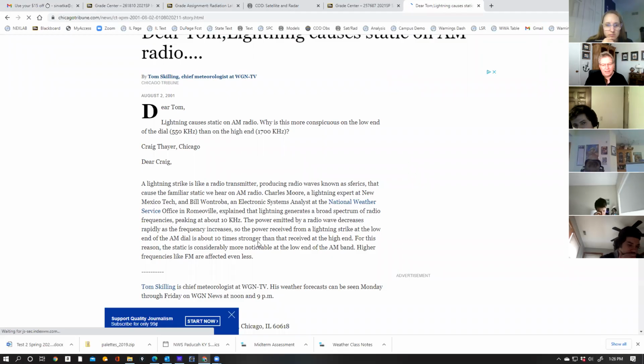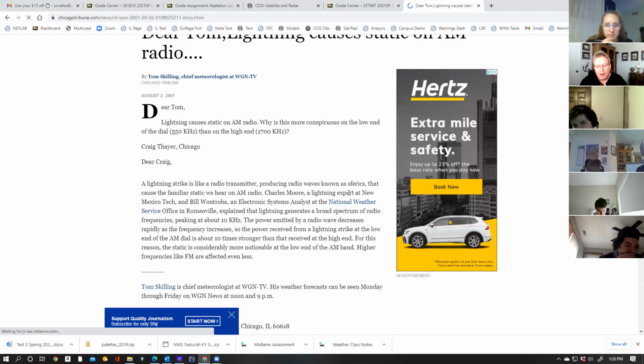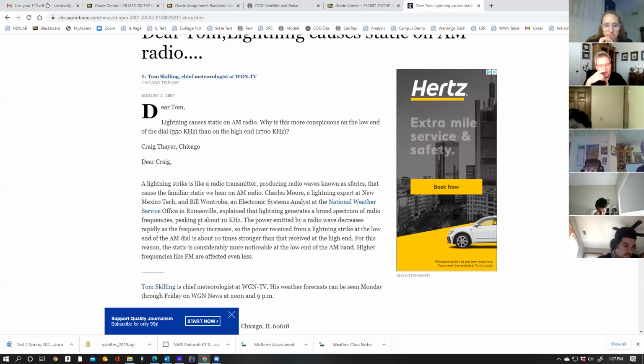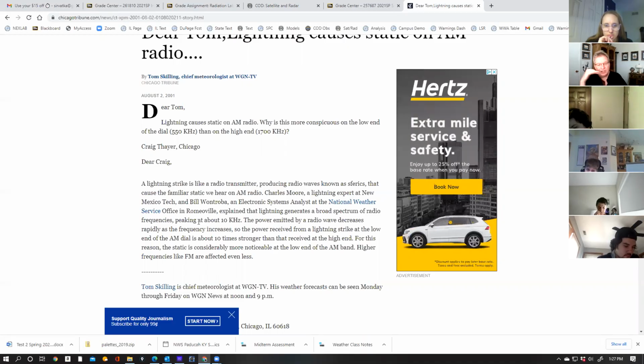A lightning strike is like a radio transmitter producing radio waves known as spherics that cause the familiar static we hear. Charles Moore, lightning expert at New Mexico Tech, explained that lightning generates a broad spectrum of radio frequencies peaking at about 10 kilohertz. Kilo is to the third, so 1,000 waves per second.